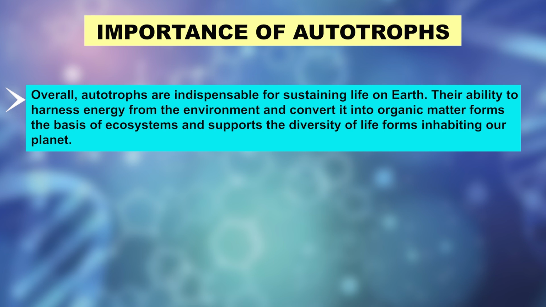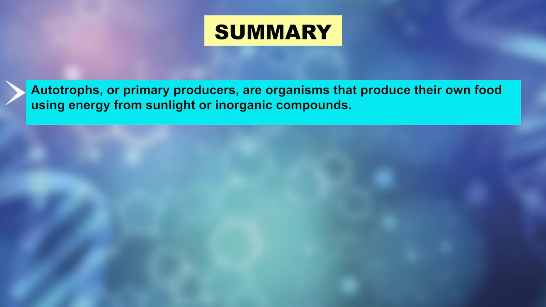Overall, autotrophs are indispensable for sustaining life on earth. Their ability to harness energy from the environment and convert it into organic matter forms the foundation of the entire ecosystem.